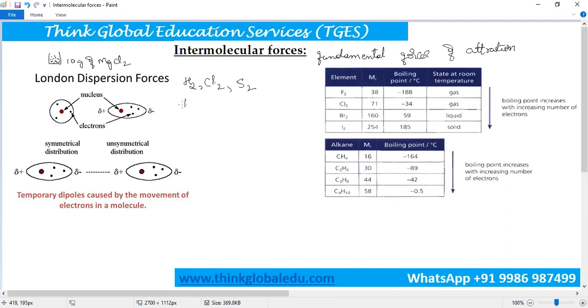The non-polar molecules exhibit a weak intermolecular force of attraction called London dispersion forces.